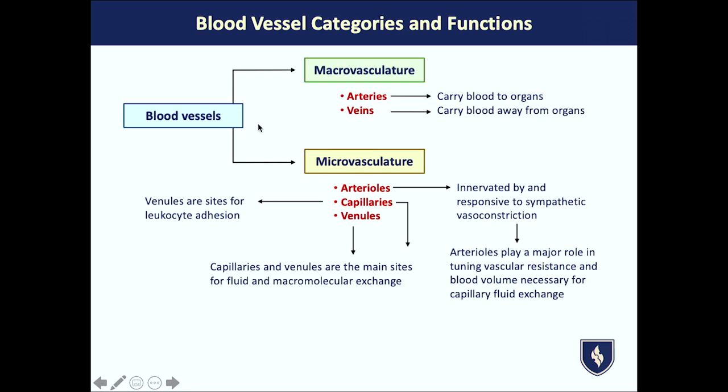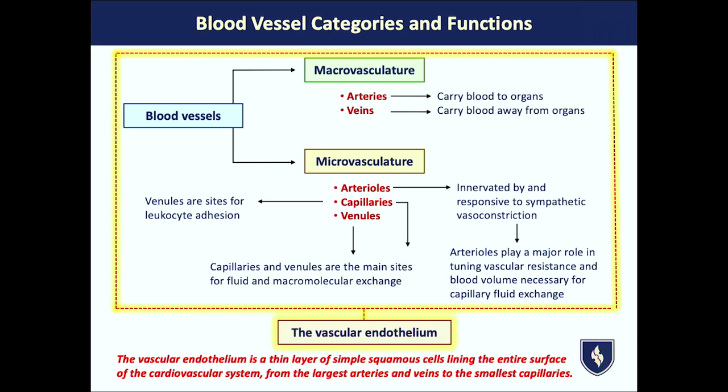So when you look at the total structure of all these arteries, veins, capillaries, venules, they all make up the vascular endothelium, this thin layer of cells around all of them. So the vascular endothelium is a thin layer of simple squamous cells lining the entire surface of the cardiovascular system from the large arteries and veins to the small capillaries.